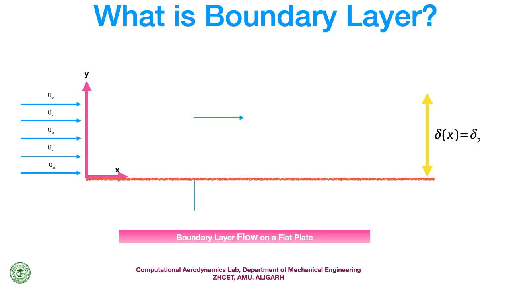Okay. Now, this is the growth of the boundary layer edge which I am trying to talk about. This light blue line basically separates the no viscosity region and the viscous dominant region.